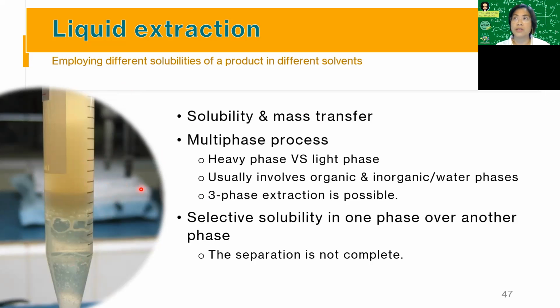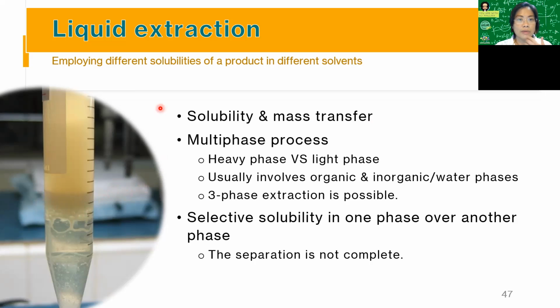I did lactic acid fermentation, and I was trying to extract lactic acid out of the fermentation broth. Normally in liquid extraction you would think there will be 2 phases separating, but this one has a third phase, so a 3-phase partition extraction can happen as well.